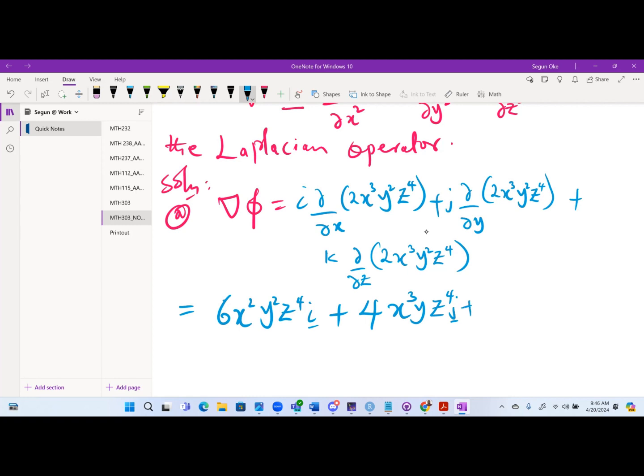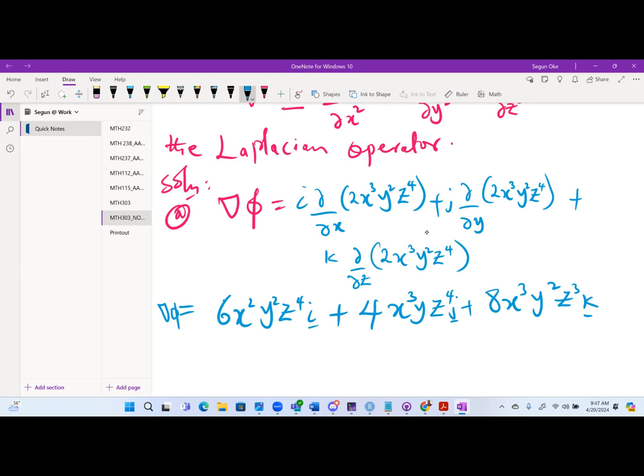Then plus the one of z, 2 multiplied by 4, 8. So you have 8x cubed y squared z cubed k. Okay. So we have this one. This is our del phi.